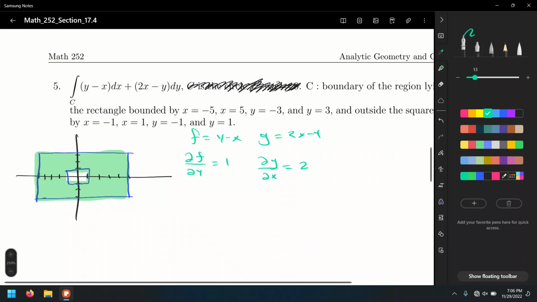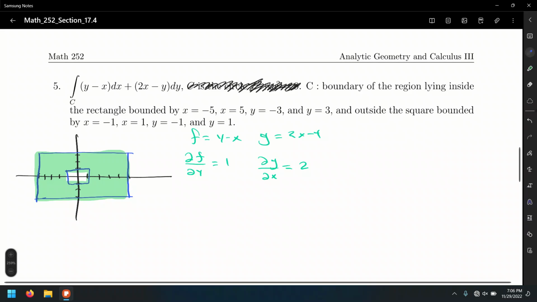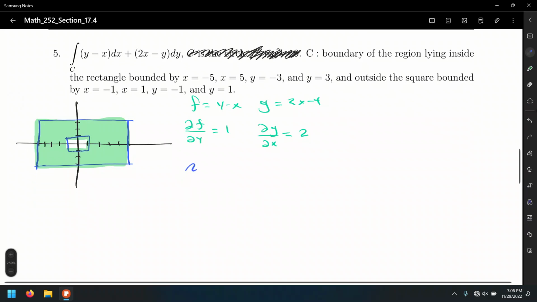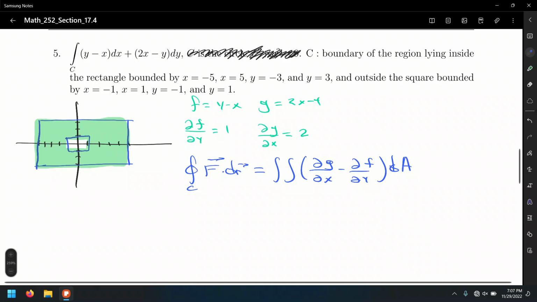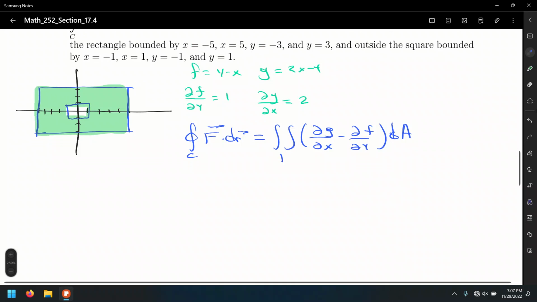So when we set up the integral right here, that's the closed integral over C, dotted with dr. So that's the double integral by Green's theorem, partial g with respect to x minus partial f with respect to y dA. And we know this information already.